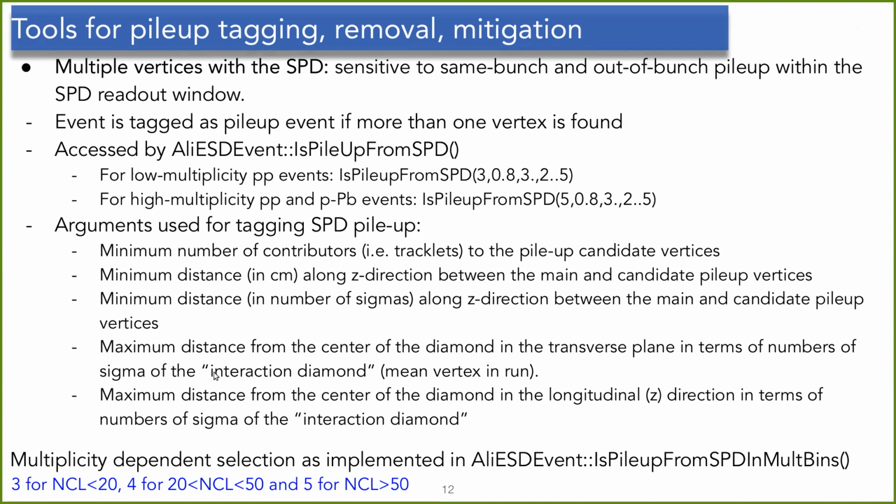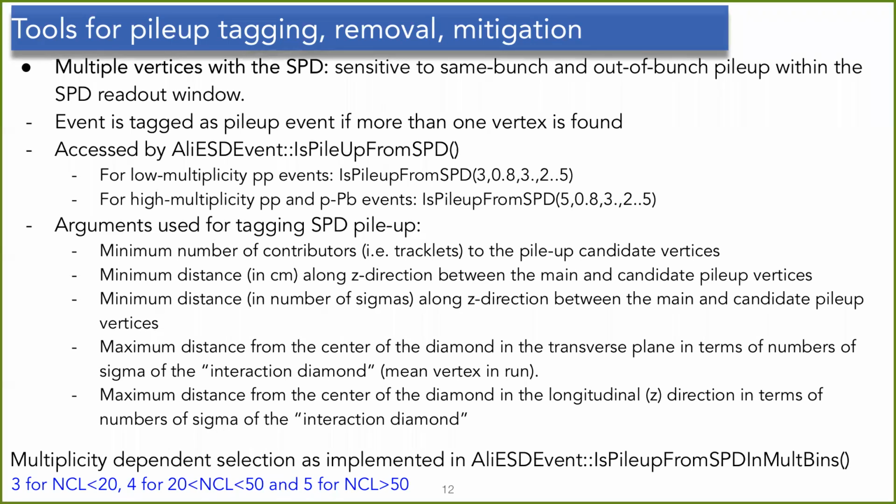Then you also have a handle on the cut on the maximum distance from the center of the diamond in the transverse plane in terms of n sigma. So what is this diamond? In a given run, you will have many events, and for those events you will have many vertices.